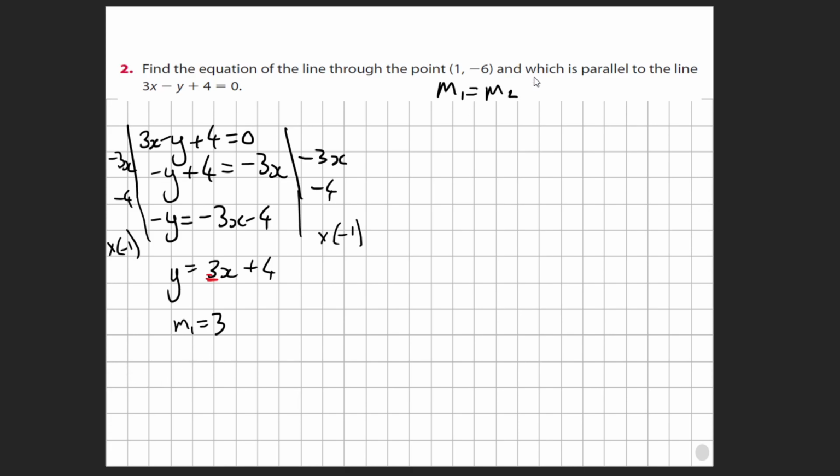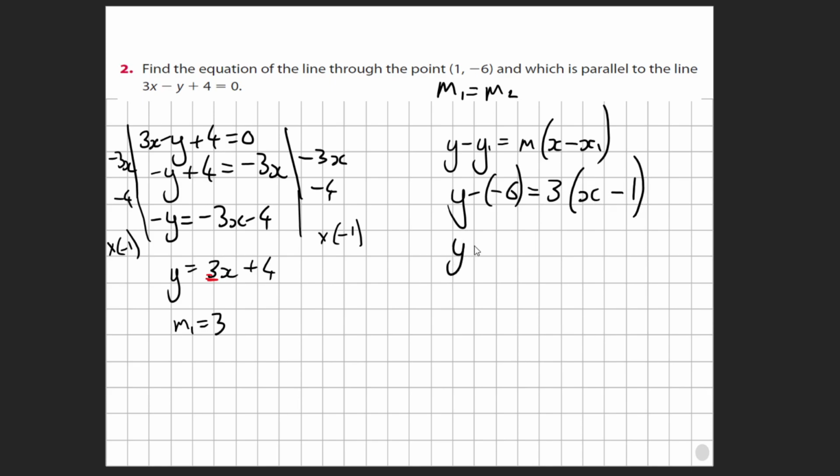Okay, so we've got a slope, so we're going to use y minus y1 equals m times x minus x1. Y take away negative 6 equals 3 times x take away 1. So y plus 6 equals 3x take away 3.